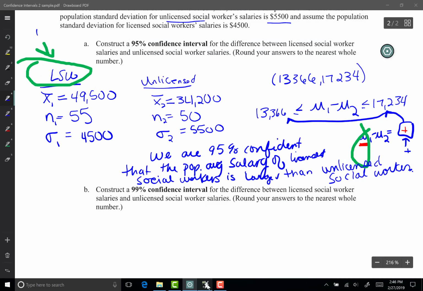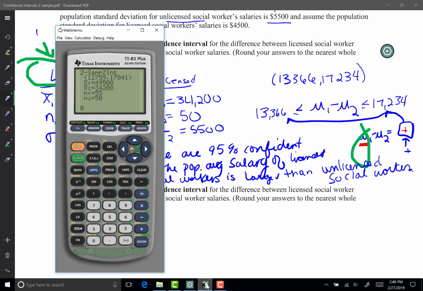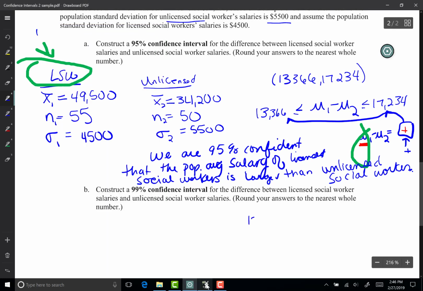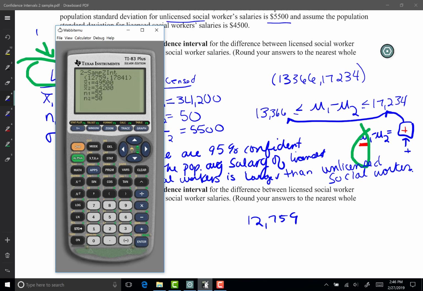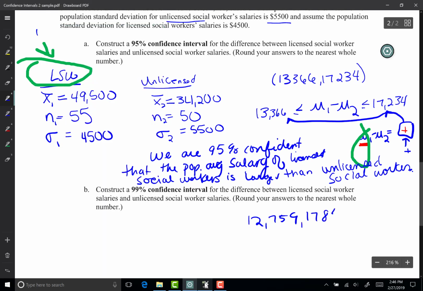Now my confidence interval is 12,759 to 17,841. If I write that as an inequality, what happened to my interval is it actually got a little wider.